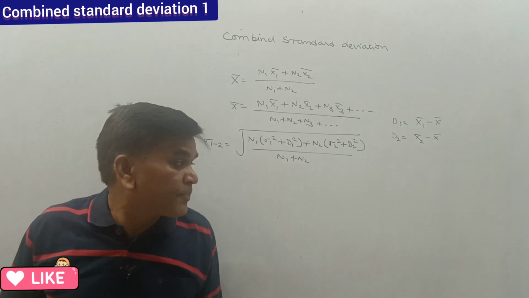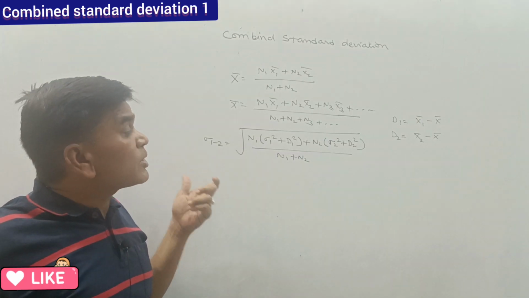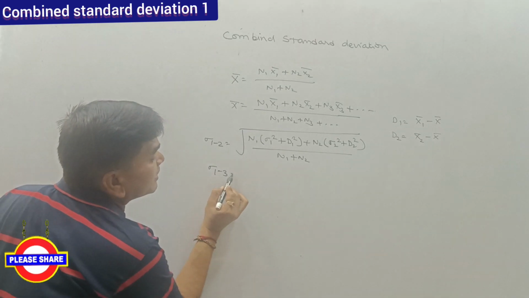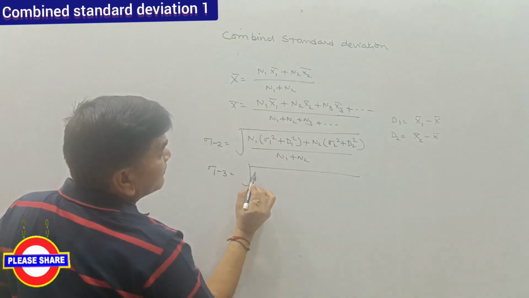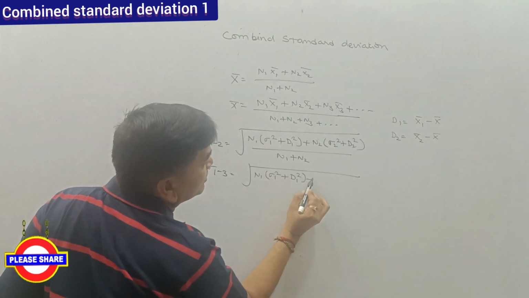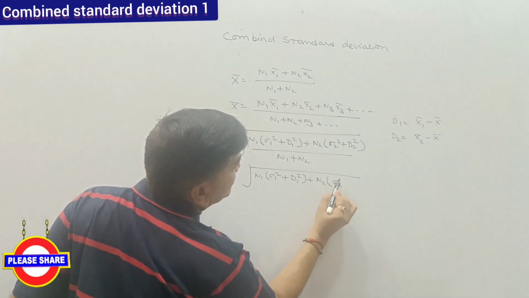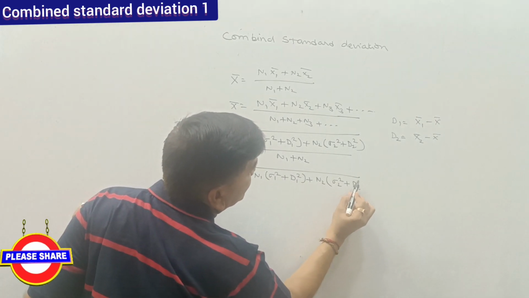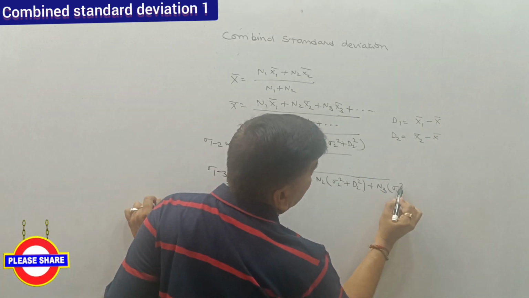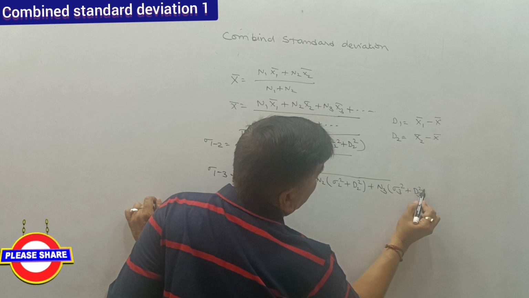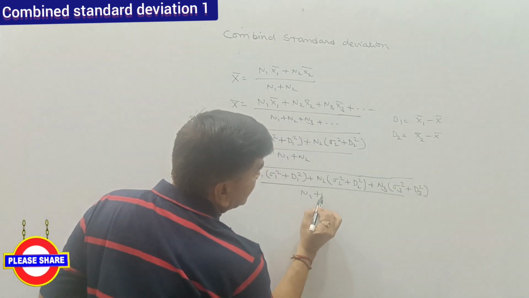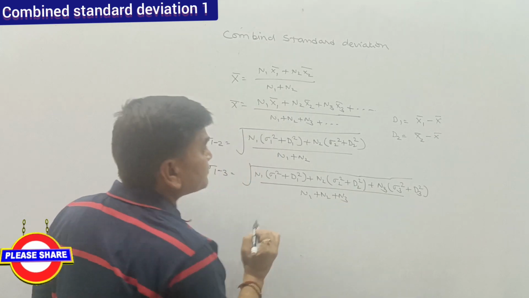Suppose we have 3 parts, then the combined standard deviation will be n1 times sigma 1 raised to power 2 plus d1 raised to power 2, plus n2 times sigma 2 raised to power 2 plus d2 raised to power 2, plus n3 times sigma 3 raised to power 2 plus d3 raised to power 2, divided by n1 plus n2 plus n3.